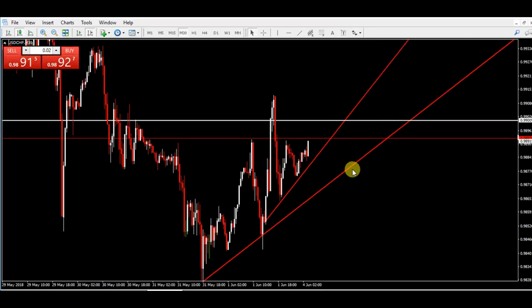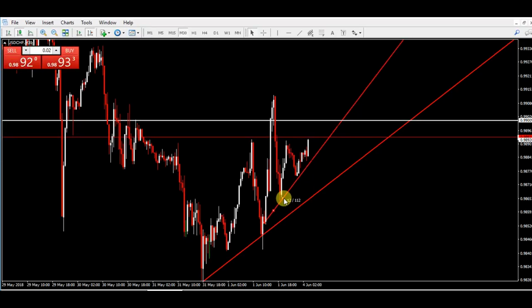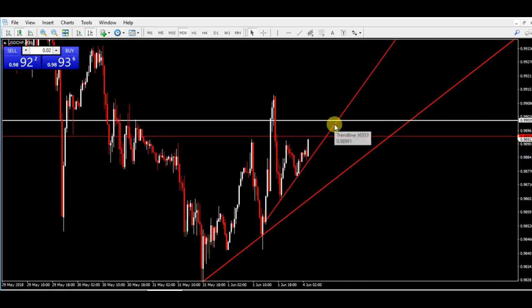And I don't necessarily want to wait for it to break this trend line, because I'll be getting in at a lower price. But I want to take the steps necessary to get in at a potentially better price to short this thing. Well, now we got our inner trend line.